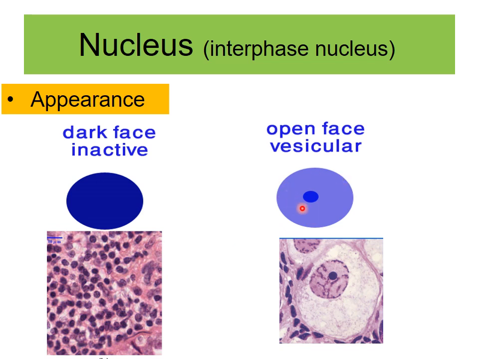Also, the nucleus might be open phase or vesicular. In an open phase nucleus, we can see the nucleolus inside it, and we can see the details of the nucleus. As you see here, this is the nucleus, and we can see the nucleolus. So we describe this type of nucleus as an open phase or vesicular nucleus.